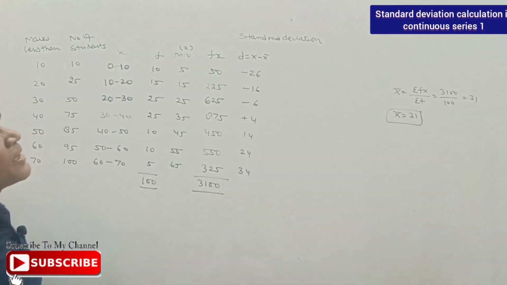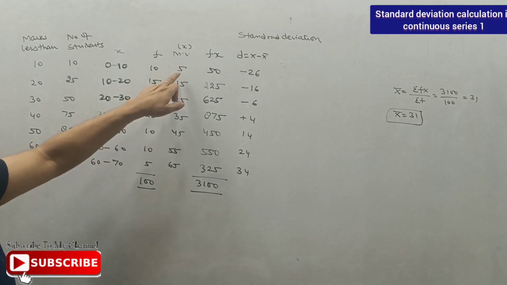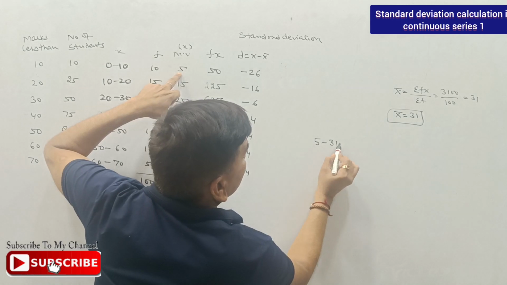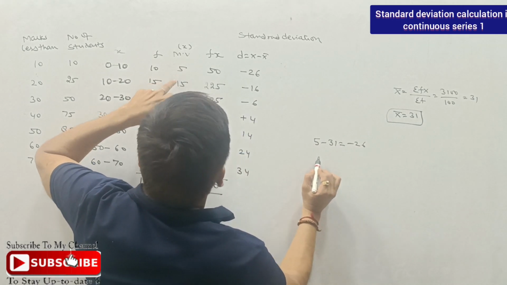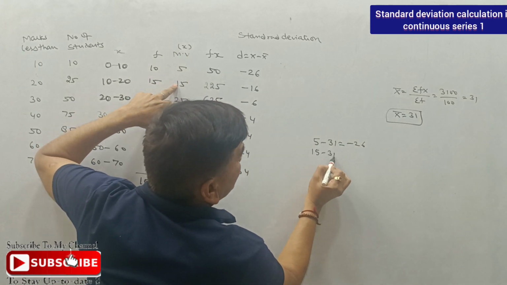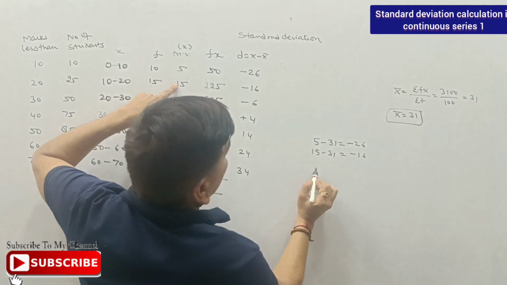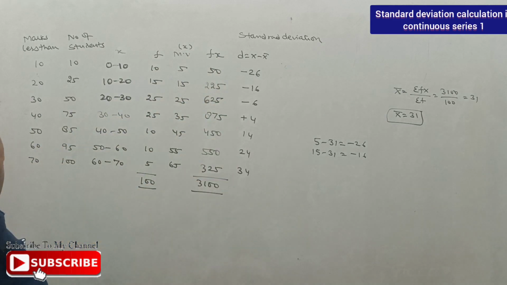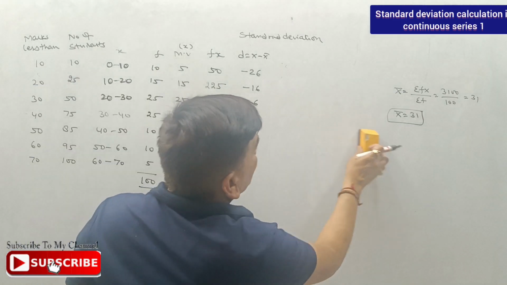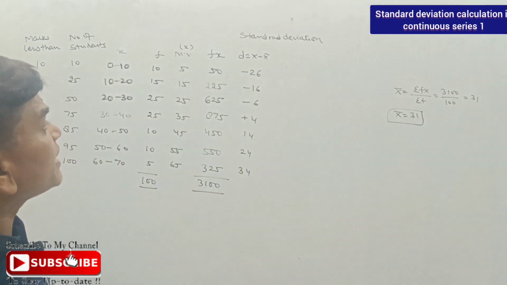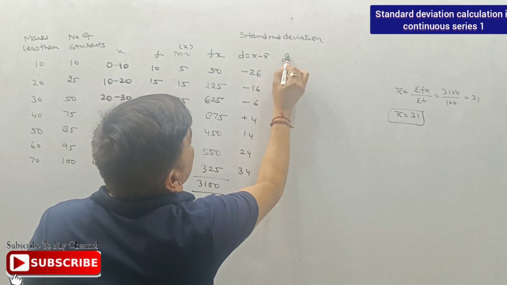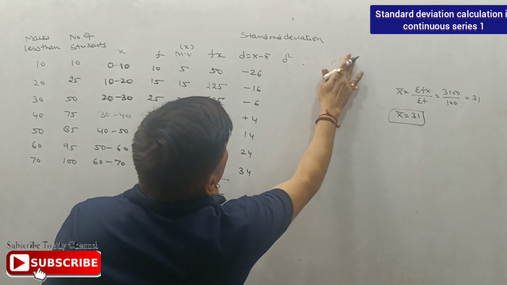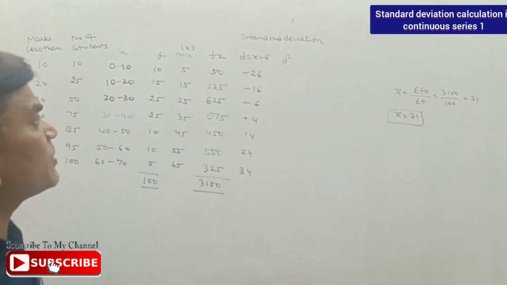This is calculated as: the very first, 5 minus 31, is minus 26. The second, 15 minus 31, is minus 16. Similarly, we will calculate the value of D. Now we want D square and fD square. These items, the very first D square, is to be calculated.